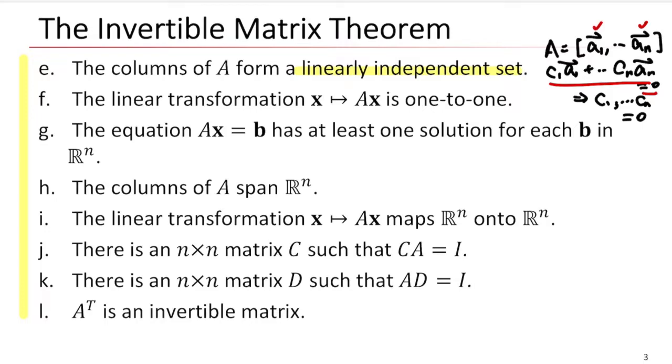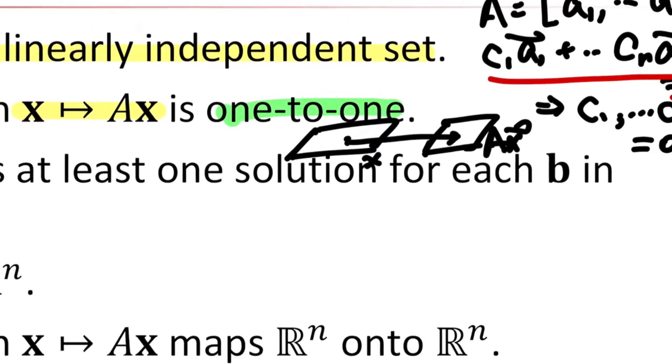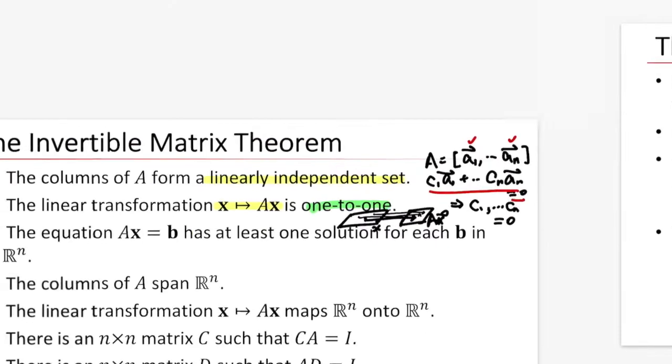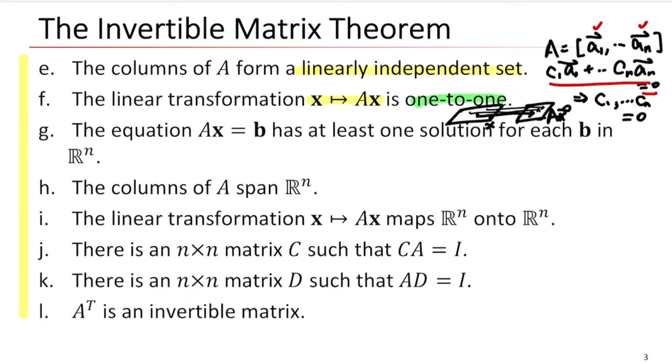Let's move on to the next statement. The linear transformation x to Ax is one-to-one. What was that? If we have the input space x and the output space Ax, what does one-to-one mean? Each input is mapped to only a single output, something like that. So this is called one-to-one, right?